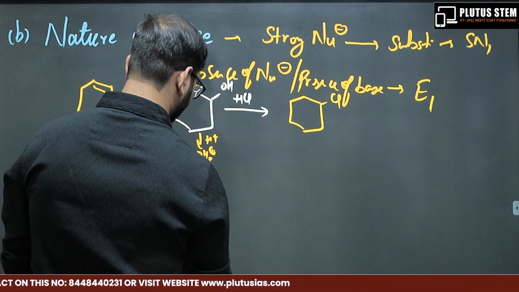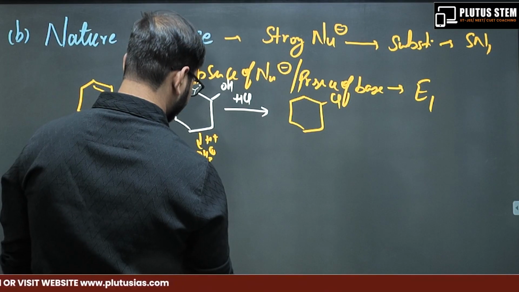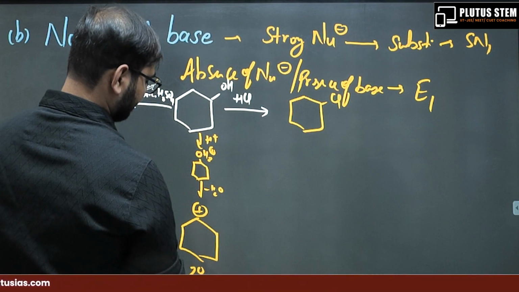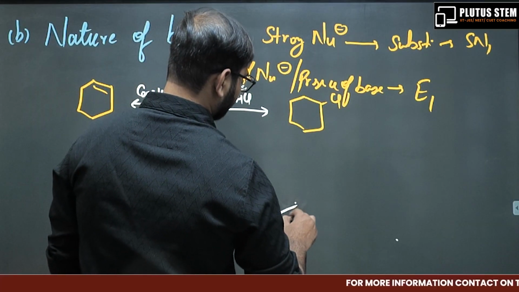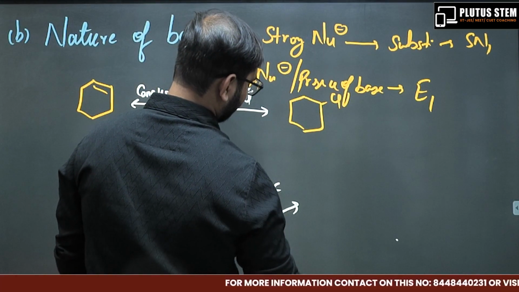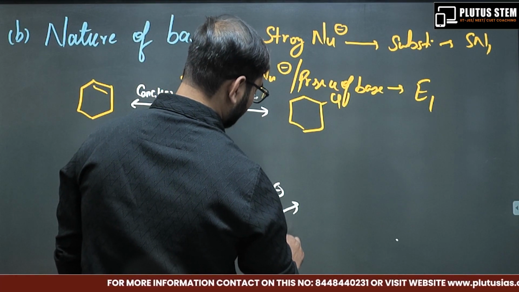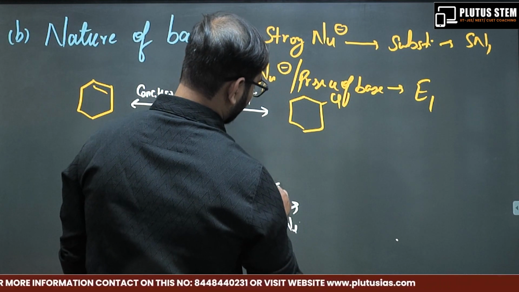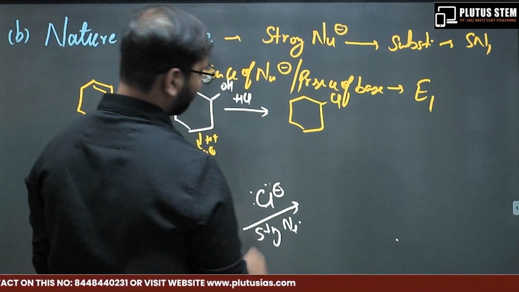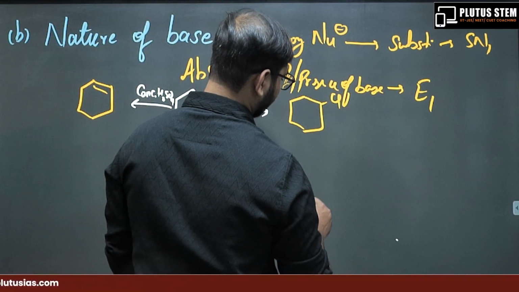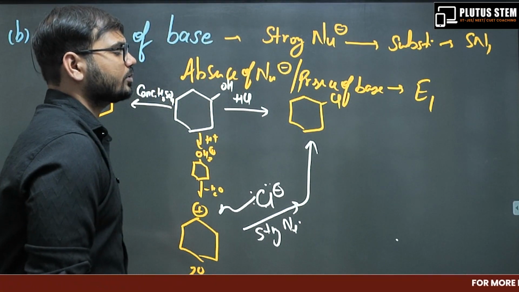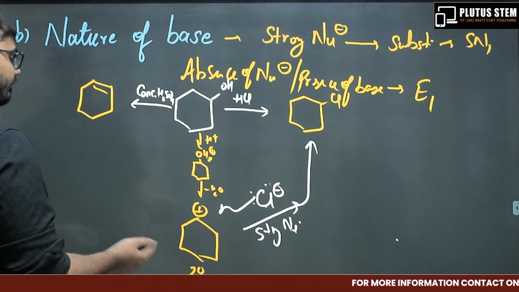It will lead to the formation of a secondary carbocation. Now, Cl minus is a very weak base but actually a strong nucleophile because of the presence of a large number of lone pairs. So here the nucleophile will attack the secondary carbocation, giving the substitution product as the major product.